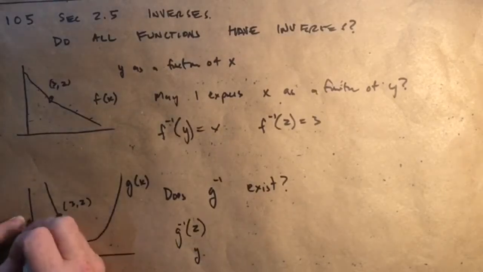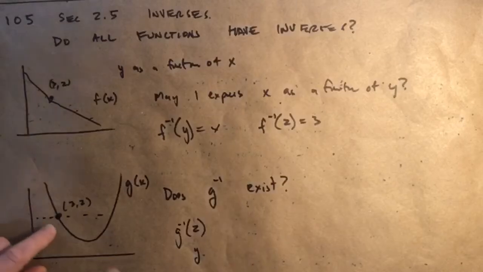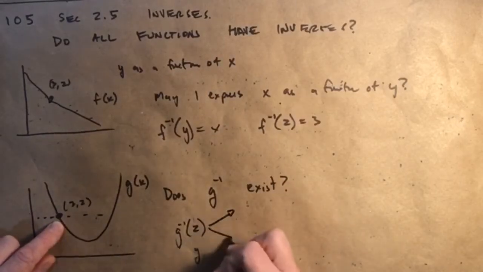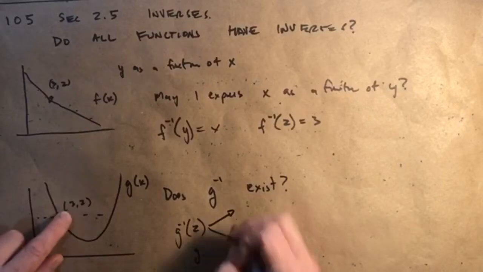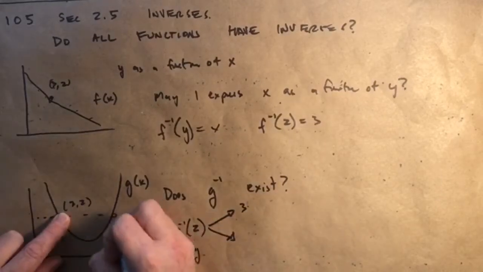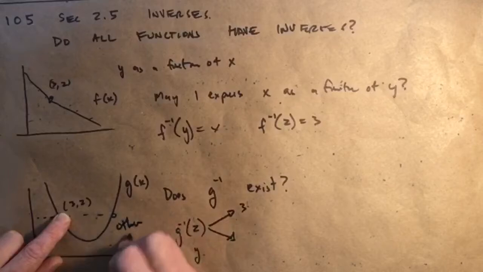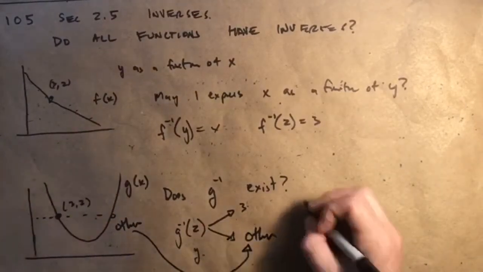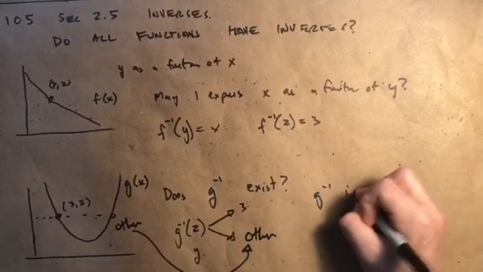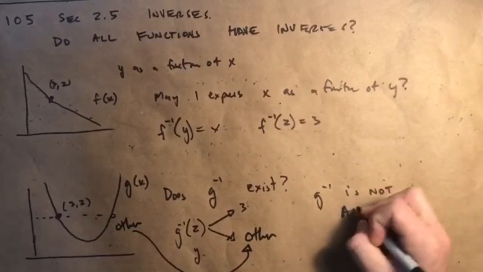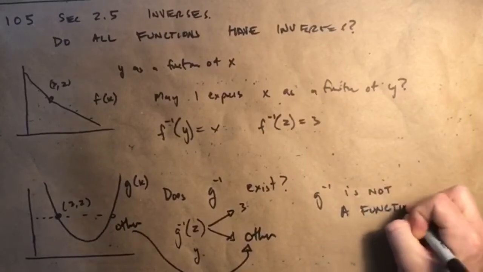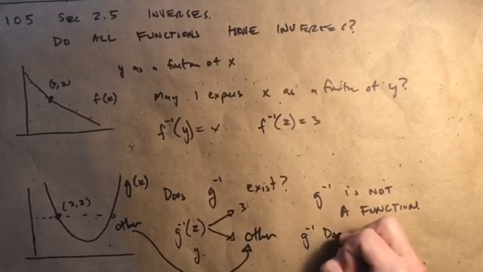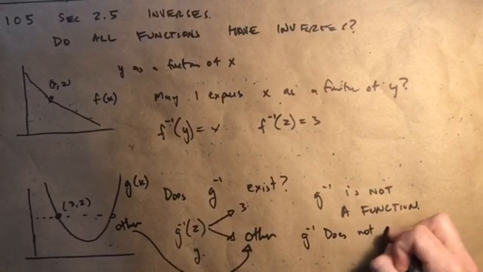That's an output. And so we can see that when I use 2, there are different x values. I'm going to certainly get 3, and then I'm going to get this other point as well. And so g inverse is not a function. So we'll say that g inverse does not exist.